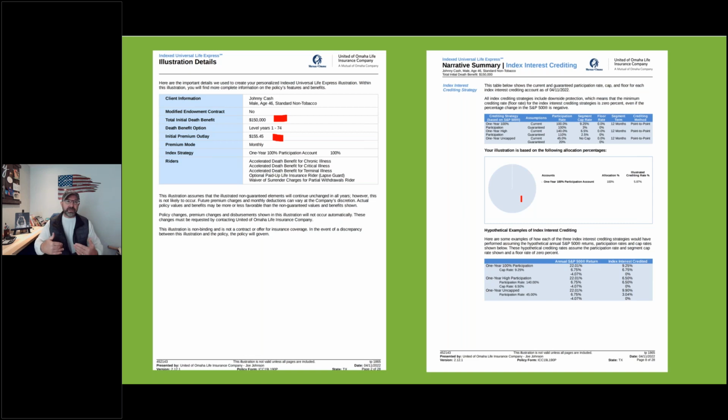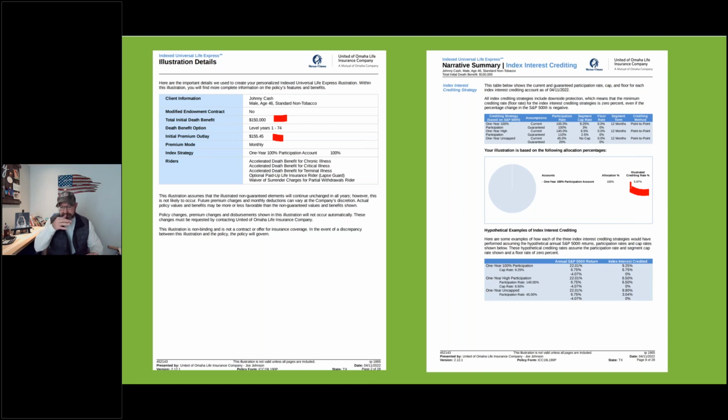When you do WinFlex or do it from your phone, it's the automatic default, so you don't have to worry about changing anything. The current illustration rate is 5.87%. This is a 25 to 30 year look back at what the S&P 500 has performed at. This is not some random number that Mutual of Omaha came up with.